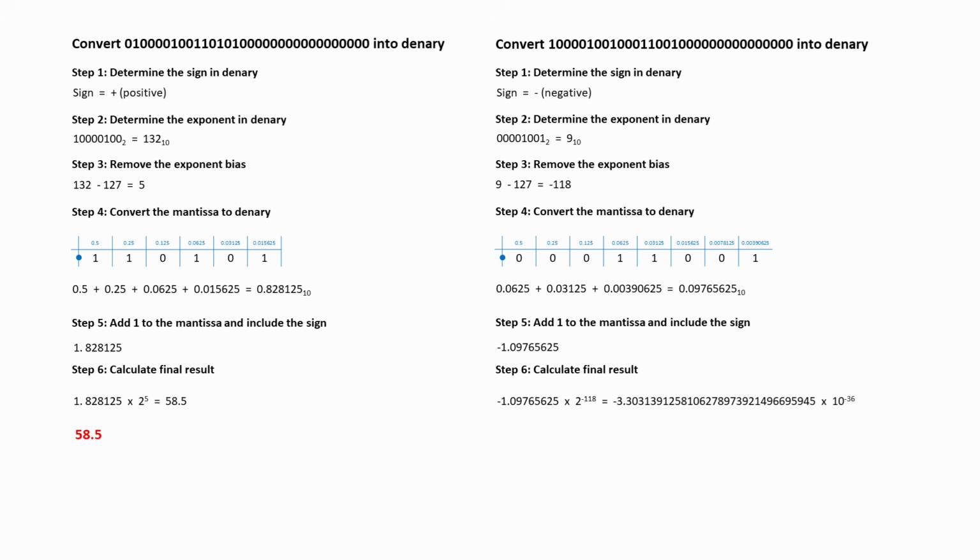We want the result in base 10, so we have to multiply minus 1.09765625 by 2 to the power of minus 118. This will give you a purely base 10 result, which you can see is rather small. You can leave the result like this if you wish, or you can float the point to the left, but you'll have to think about doing some base 10 rounding at the other end.